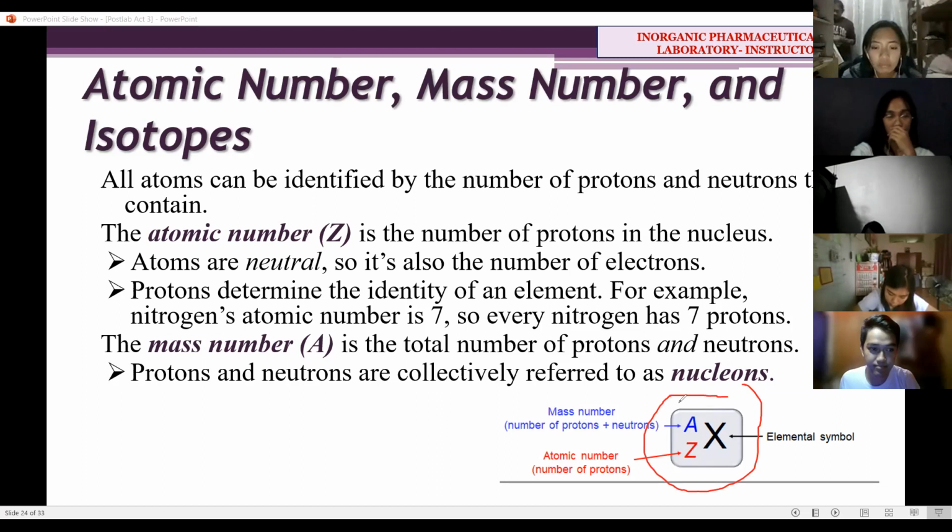And to be uniform, always round off the atomic mass to the nearest whole number. Then we have the atomic number at the bottom. The symbol is Z. It represents the number of protons. By the way, protons and neutrons are collectively called nucleons because both of them are found inside the nucleus.